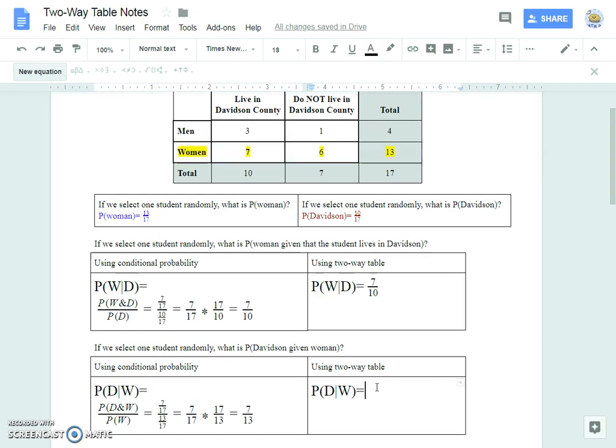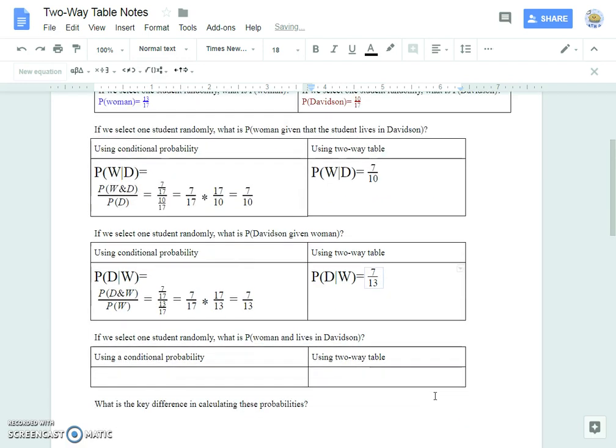How many of those women live in Davidson County? We've got a total of 7 women who live in Davidson County out of a total of 13 women. So that's going to be our probability there.